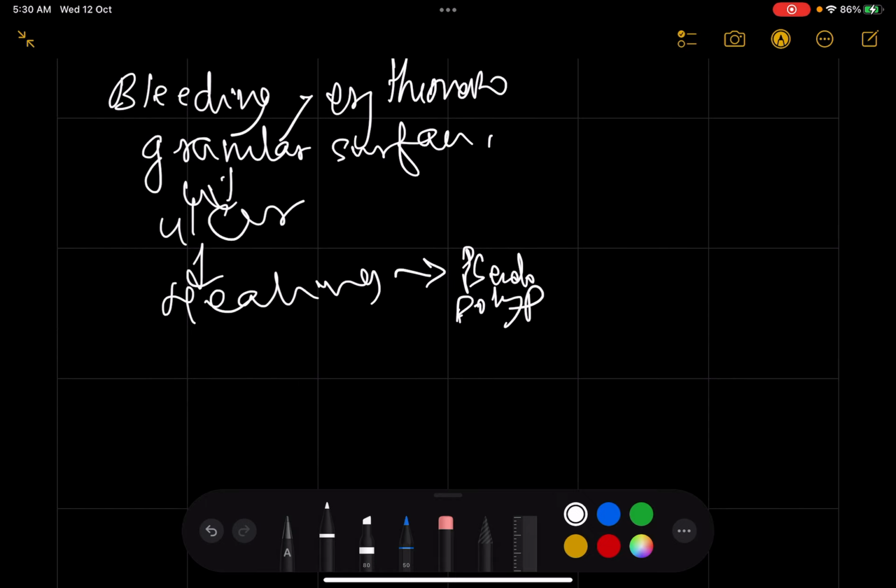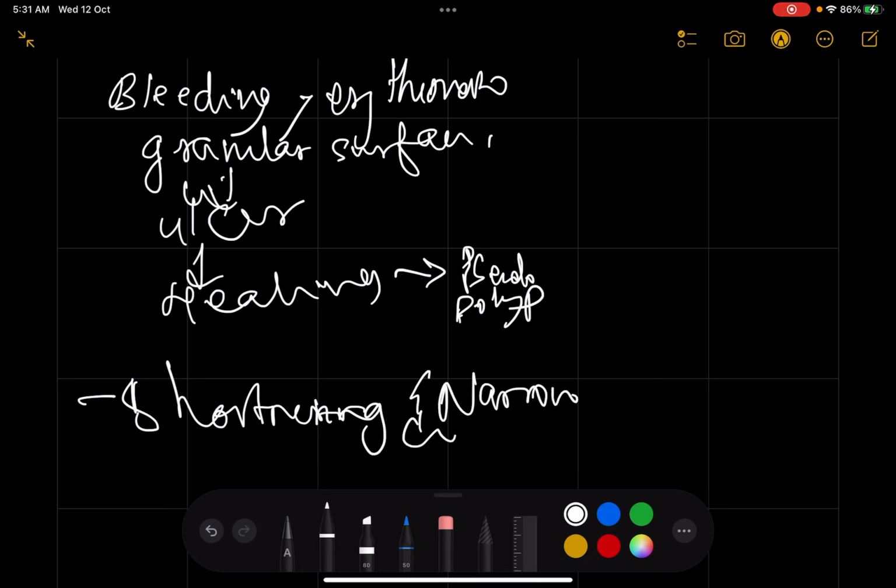Also, because of this healing, there is going to be shortening and narrowing of the colon. So it's going to give a lead pipe appearance.